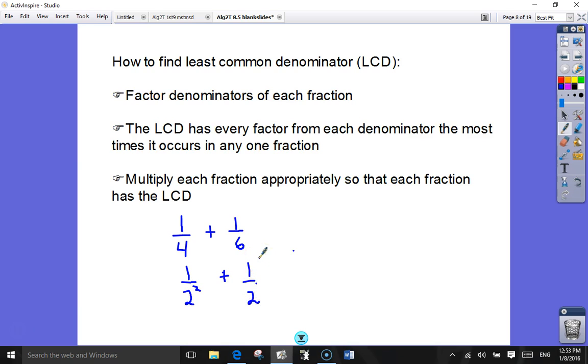That was wrong. So I would say that the least common denominator has to have every factor that I see in either one of those fractions. So it has to have a 2 and it has to have a 3, but the 2 has to be squared because it was squared in one of those fractions. That makes the least common denominator 12. That's the kind of thinking we're going to have to do with variable expressions.